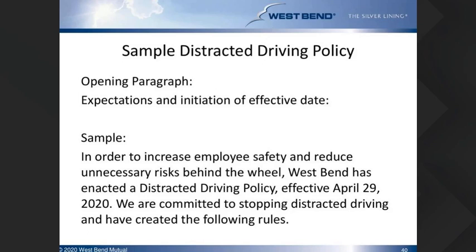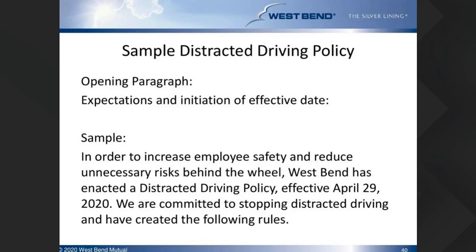So with any policy, we want to have an opening paragraph, an expectation and intention of effective date. So effective as of April 29th today, and then what your opening paragraph of expectations might be. So here would just be a sample. Within the first opening paragraph, state something in regards to, in order to increase employee safety and reduce unnecessary risk behind the wheel.